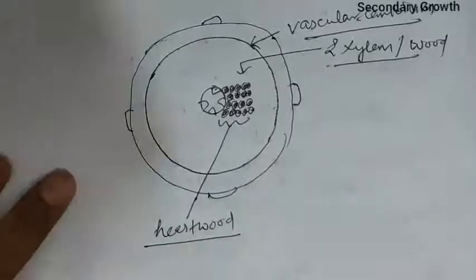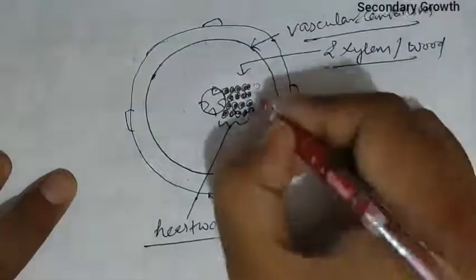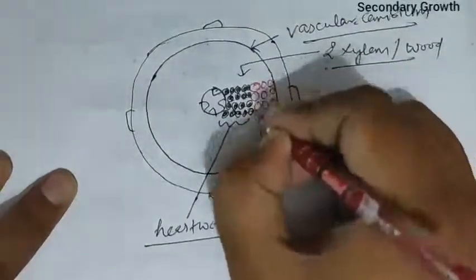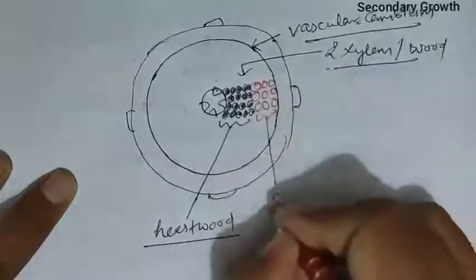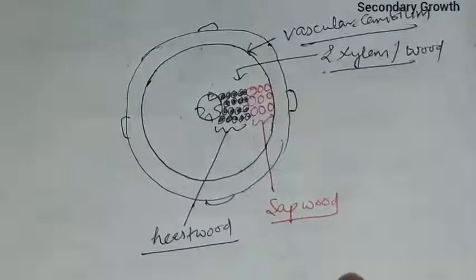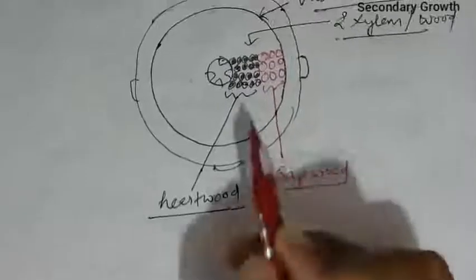But if we see the peripheral part, here we find sapwood, and sapwood plays a role in conduction because it is empty or the lumen are free, but heartwood cannot. So this is the arrangement of sapwood and heartwood.